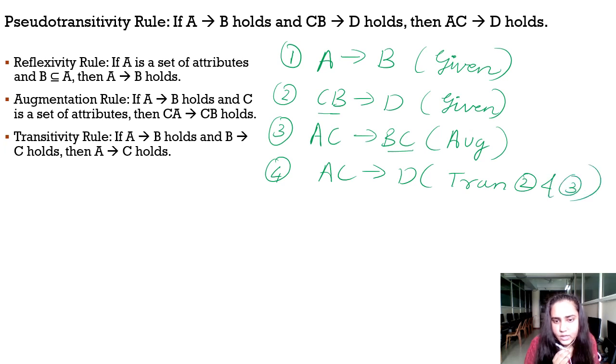So you can see that I have proved what I was supposed to prove right here. This is how I can prove all the rules given to me directly. I don't have to do much in order to prove all these rules. So that's why they are called additional rules.